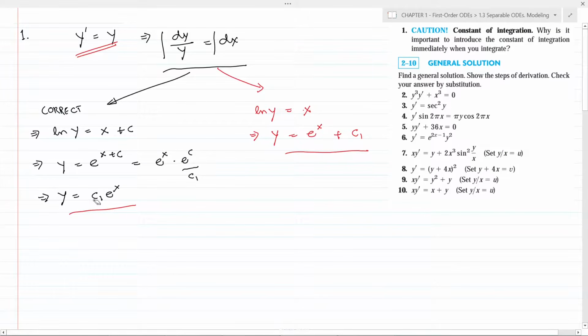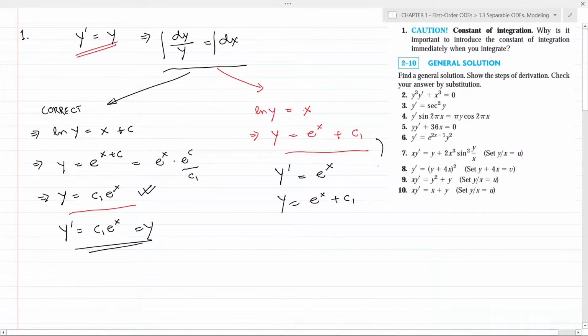In case 1, we see that y dash is equal to c1 e to the power x, which is equal to y. So this is the solution to the ODE. In the second case, we calculate y dash is equal to e to the power x, because c1 is a constant and its derivative will be 0, but y is equal to e to the power x plus c1 from here.